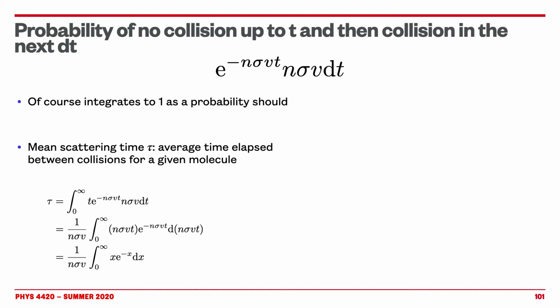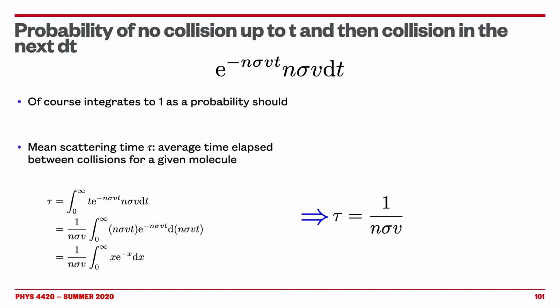This is not very complicated. The point is that thanks to this, we can do the integration, and we find that the time between collisions on average is 1 over n sigma v. So we already find a very important result: the time between collisions is on average this value.